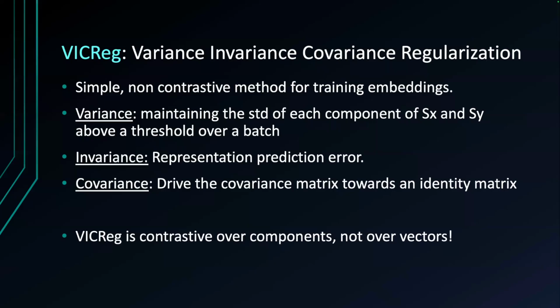Covariance is to drive the covariance matrix towards an identity matrix for one single representation. For one single point, you have a representation, and for that representation you would construct a covariance matrix. You would drive that covariance matrix towards identity, so that there is no collinearity between features.